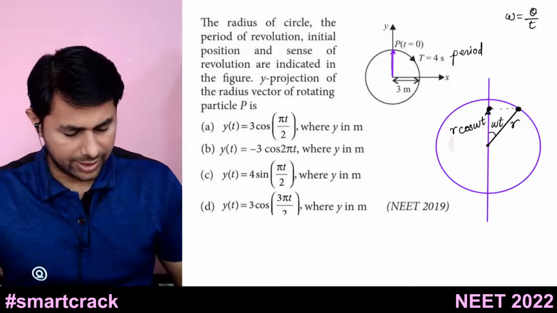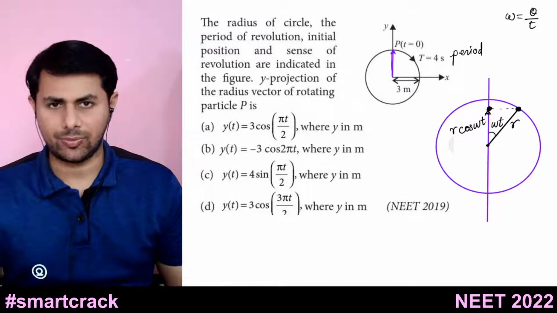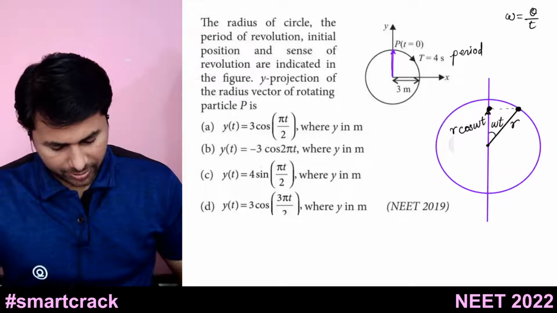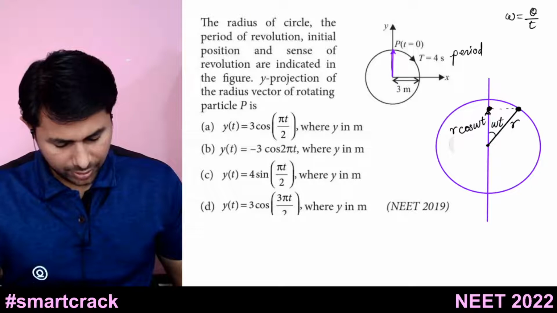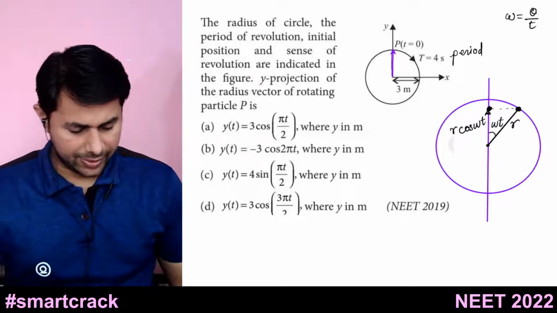So clearly the y projection is the cos component. Let's see which are the cos options.